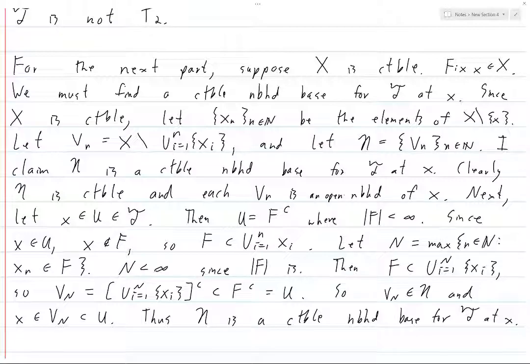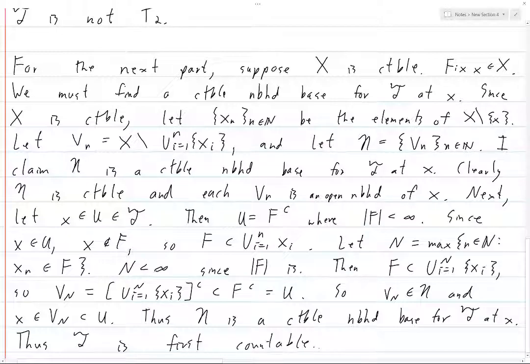And therefore, we've proven that this is a countable neighborhood base for tau at X. Thus, tau is first countable.